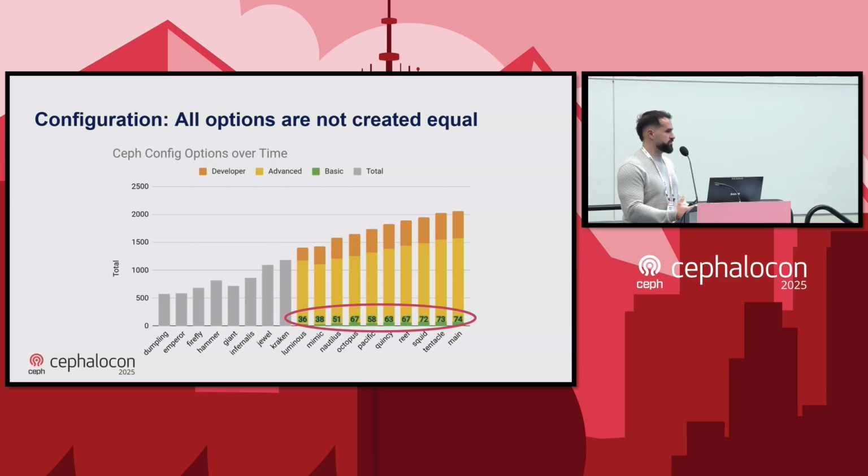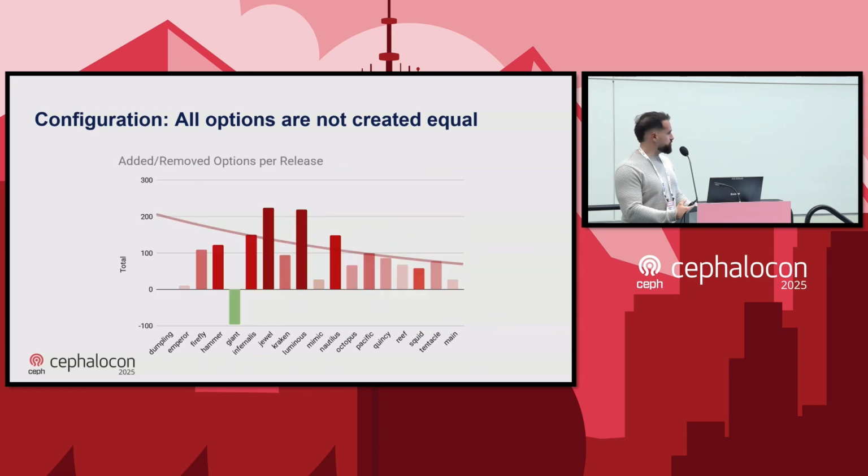They work from scratch. If we look at this chart in an incremental way, this is the number of new options added over time to Ceph. We see a decreasing tendency. In some versions 10 years ago we added a lot of parameters, but nowadays that's decreasing.